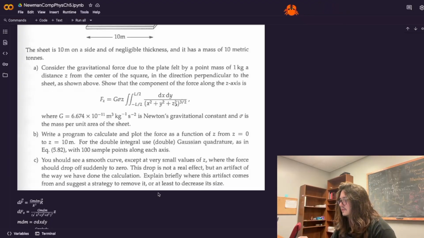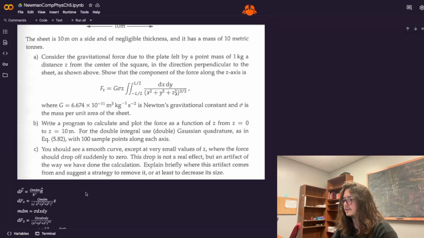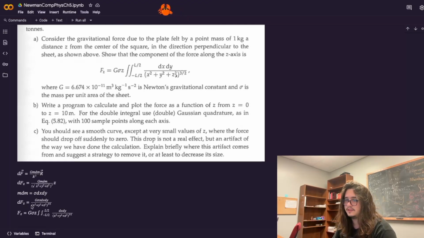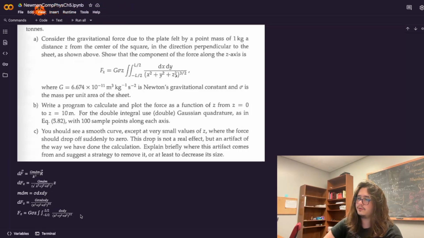Now you have this dfz, and you take the integral of that with respect to x and y, where the bounds for both are minus L over 2 to L over 2.